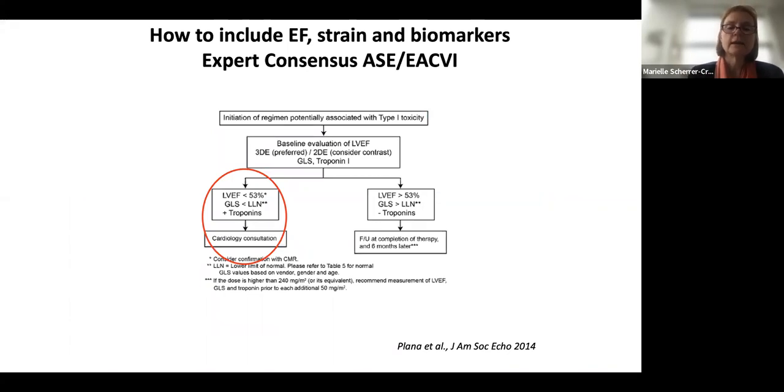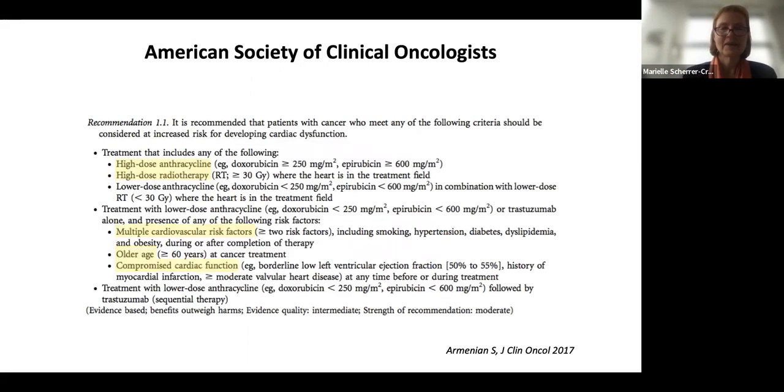And they weren't really helpful, because as soon as the LVEF was lower than 53%, which was one of the points that the ASE recommended, actually 52 in men and 54 in women, which makes it even more complicated, or if GLS was lower than the lower limits of normal, and then each company has its own lower limits of normal, and it depends on age, or if troponins were positive, then you would get a cardiology consultation, which is not totally helpful, I should say, but that's where we were in 2014.